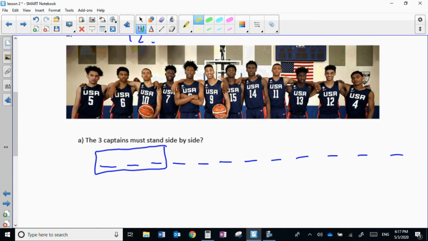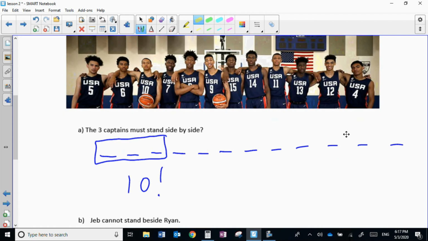So you have 10 factorial ways of arranging the 10 people. However, for each of those arrangements, you could then rearrange the captains, and they can be rearranged 3 factorial ways. You get something a little bit bigger than 21 million, almost 22 million when you do that.